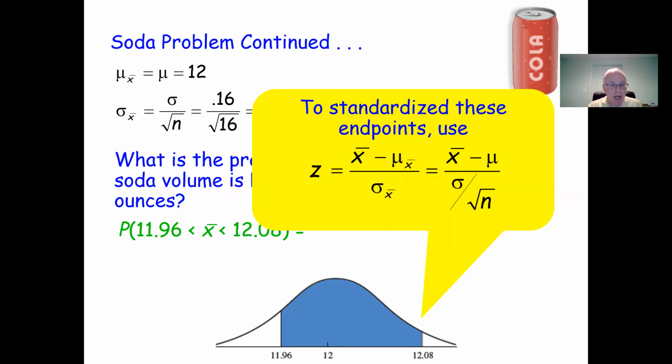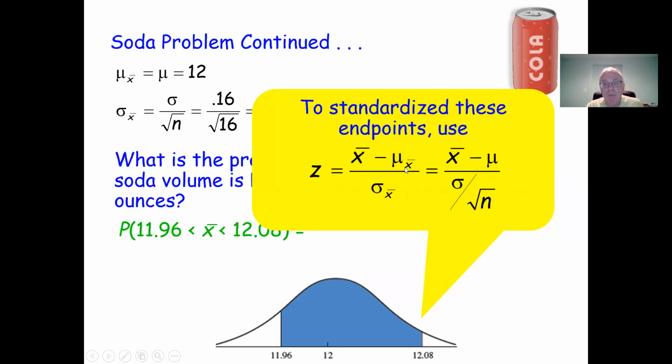Now, in the slides here, what do they use? They want you to convert to a Z. Notice here that the Z that they convert to uses X bar minus mu X bar divided by sigma X bar. That's our Z score, standard score. They convert the denominator into sigma divided by the square root of n, and then they convert mu X bar into mu, all right?